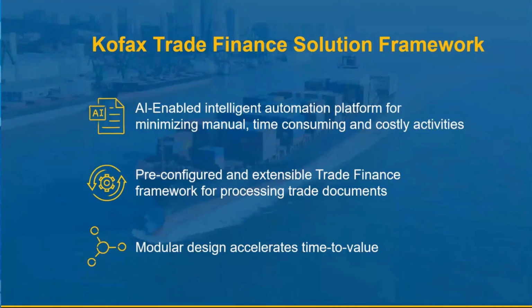So the framework itself is pre-configured for these kind of document types, for these kind of rules, all of that as well. And what it also offers, it is not a big bang implementation style. You will actually have a very agile and very incremental way of implementing this. So leveraging and also delivering value almost from day one.